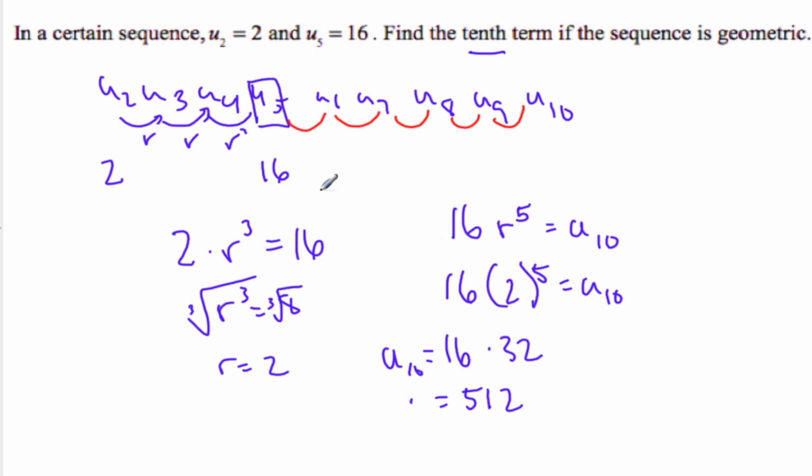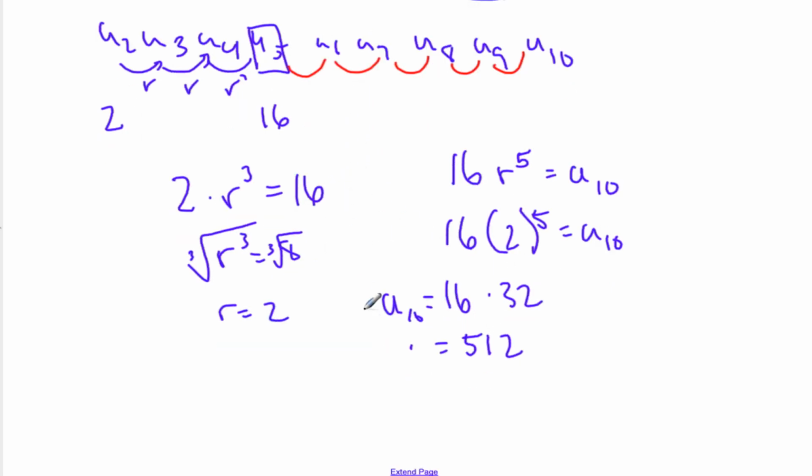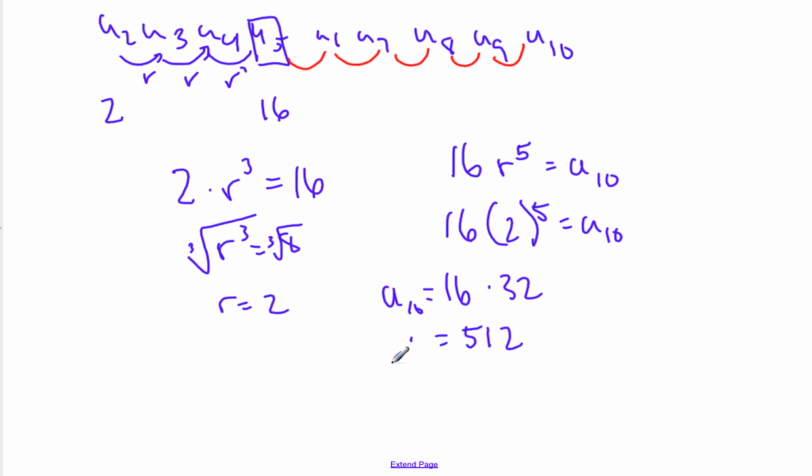Now, if I'm not into that and I want to use my formulas, another way I could do it is knowing that U2 equals 2. Well, from the formula book, I'm also told that Un equals U1 r to the n minus 1.